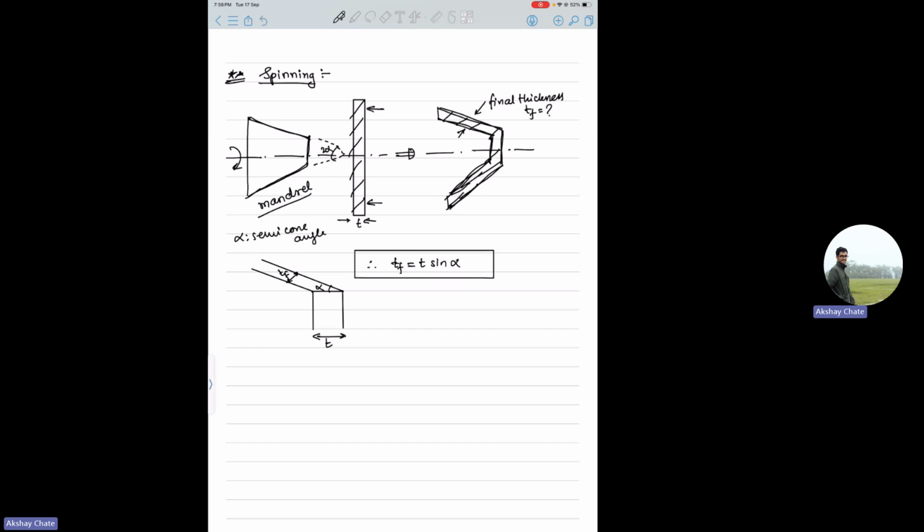So diameter and height will be given, and the thickness of the cup is also given. You are expected to find the blank radius. You can use the d square plus 4dh formula, assuming the same thickness for cup and blank. And then they will mention that if you have 2-3 passes, how much reduction we observed in the diameter, like that. I think you can solve those questions because we have done similar questions previously.